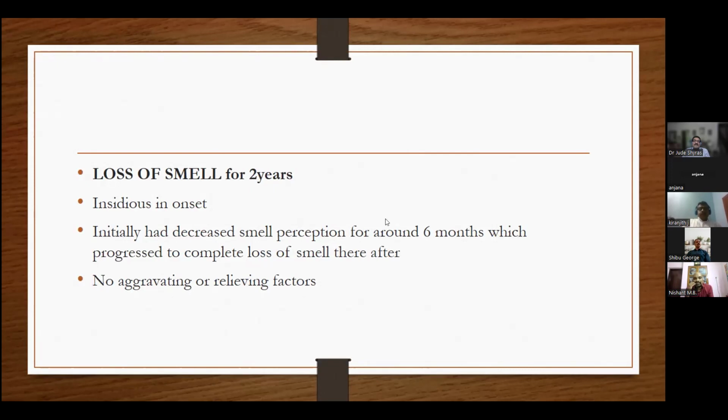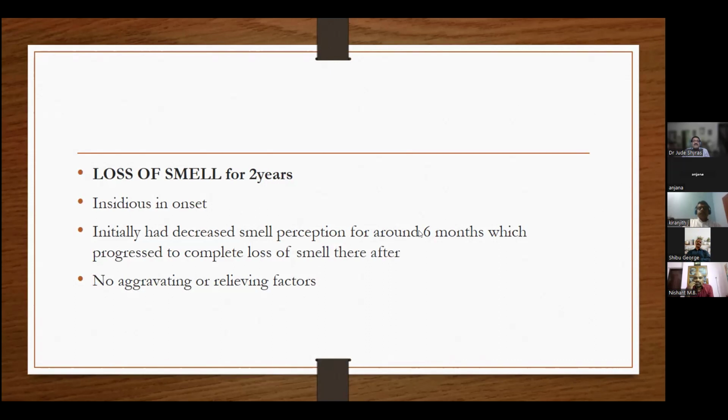What is the most common cause of anosmia? Allergic rhinitis. Allergic rhinitis causes more of hyposmia, not anosmia. So I'm asking you, what is the most common cause of anosmia? Any anatomical abnormalities that block the air from coming in contact with the olfactory mucosa.